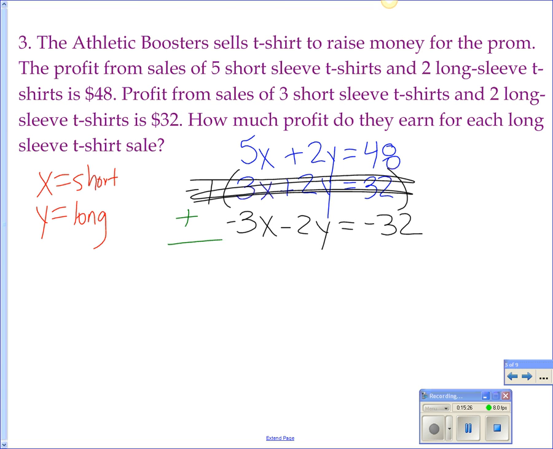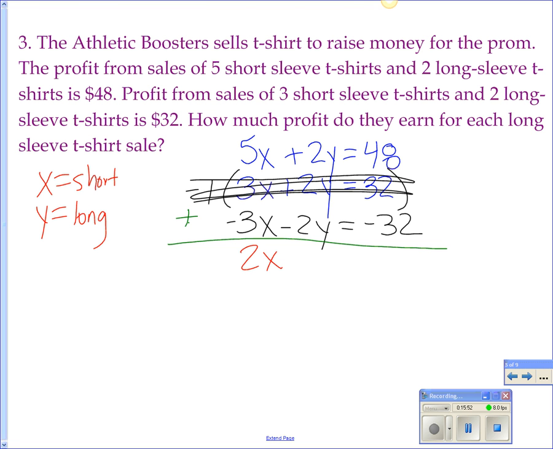Plus. All right, Jacob King, 5x and -3x. You got a calculator? 5 plus -3. Two.